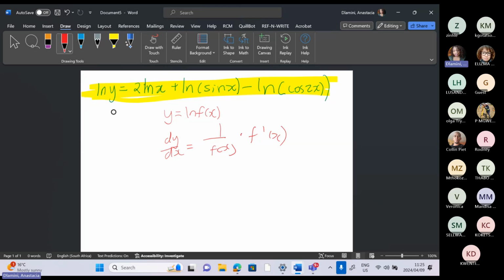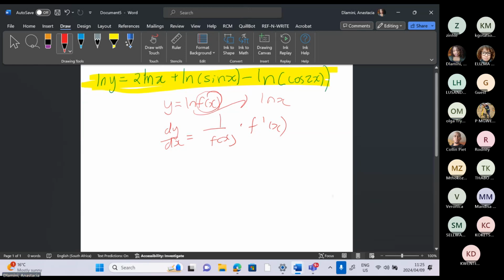Are we all together? Do you remember that? Yes. And we said f of x is the inside function and the outside function is ln of x. Are we all now comfortable with the inside and outside function? Yes, ma'am.